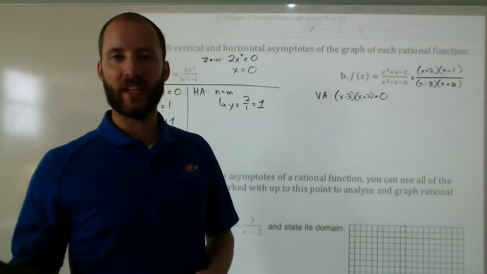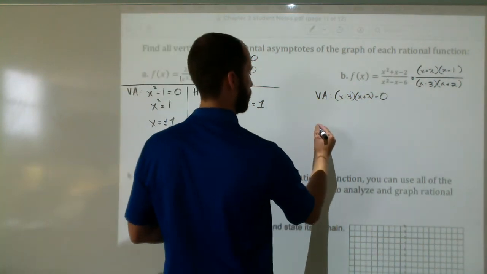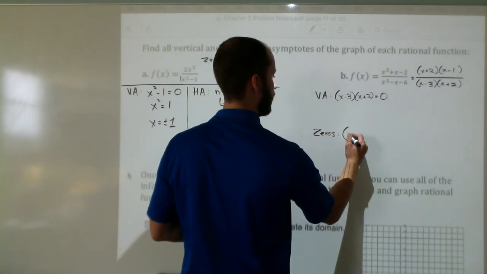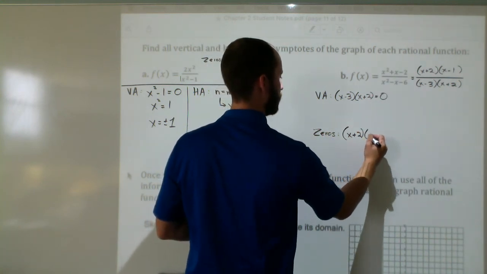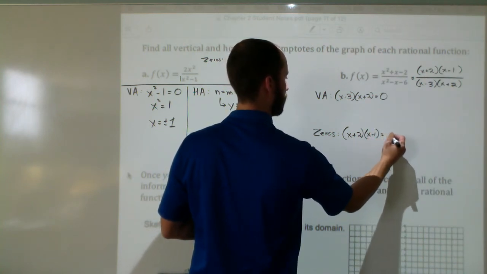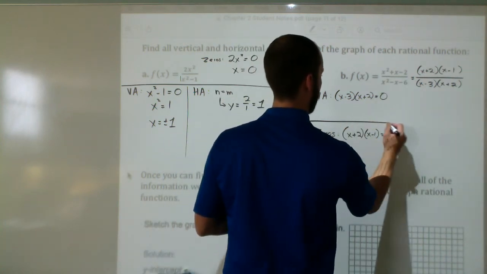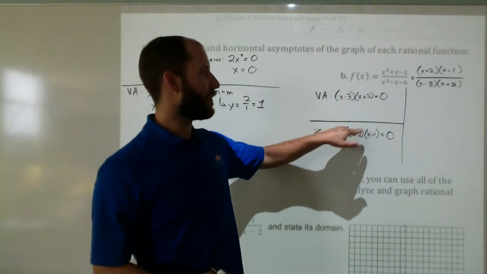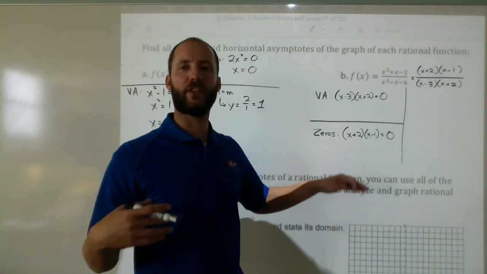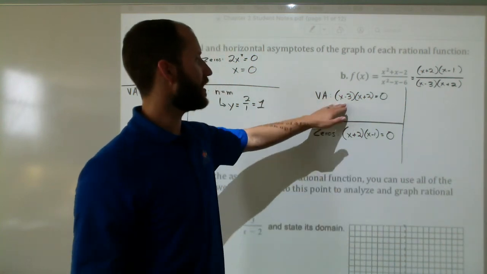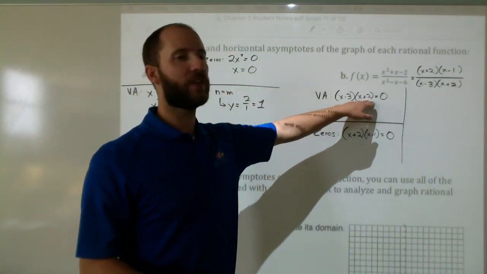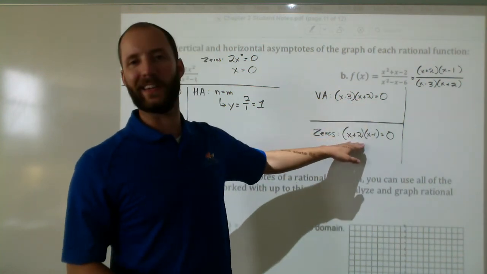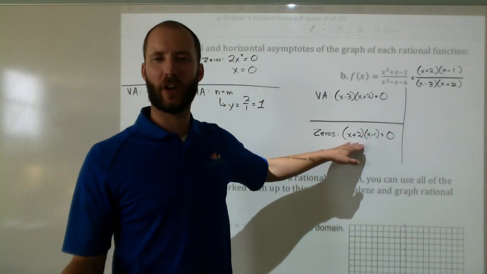But when you think about the zeros, you want to set the numerator equal to 0 and solve. Now you see this common factor, x plus 2. It's in the numerator and the denominator. So here, x plus 2, you get x equals negative 2, and that would be a vertical asymptote. But here, it would be a 0 crossing the x-axis.